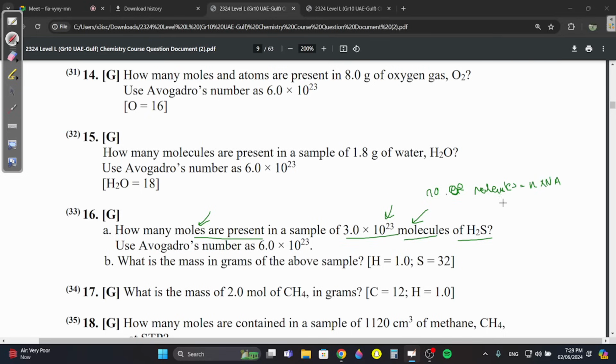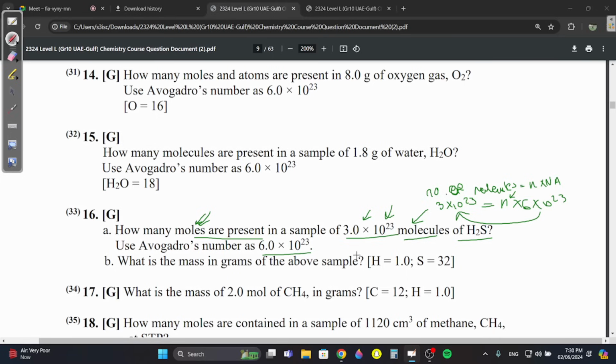So 3 times 10 to the power of 23 equals n, which we want, times Na, always given as 6.0 times 10 to the power of 23. Take it to the other side and divide, and you should get 0.5.